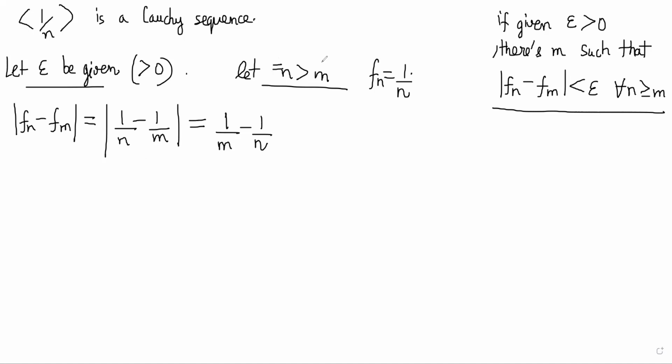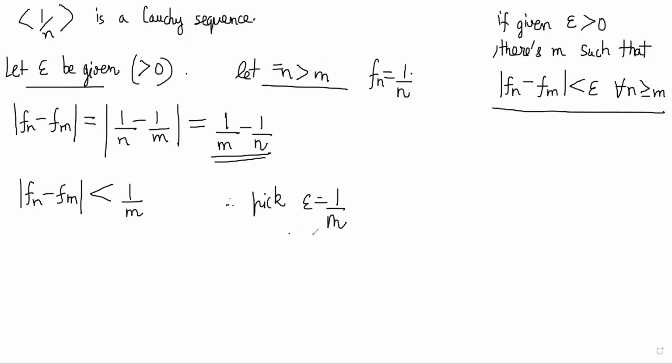Since n is greater than m, 1 by n, on taking the reciprocal, is smaller than 1 by m. You can say that mod of Fn minus Fm is less than 1 by m. Therefore, pick epsilon to be 1 by m. That means m should be greater than 1 by epsilon.